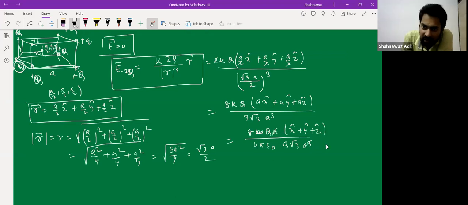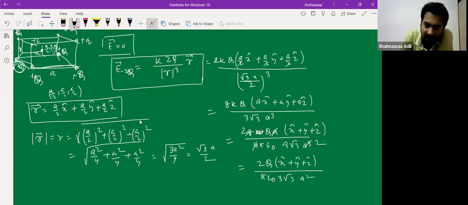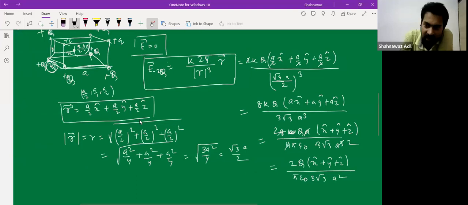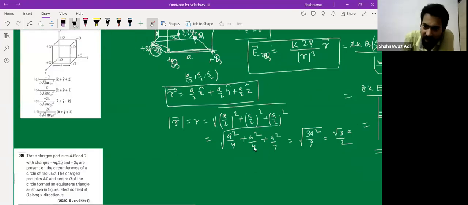So A cancels and 4 is 2. So 2 cube and X, Y, Z hat divided by pi epsilon naught 3 root 3 A square. Right. And this is also minus, so we can write minus. Okay, so this is the electric field.